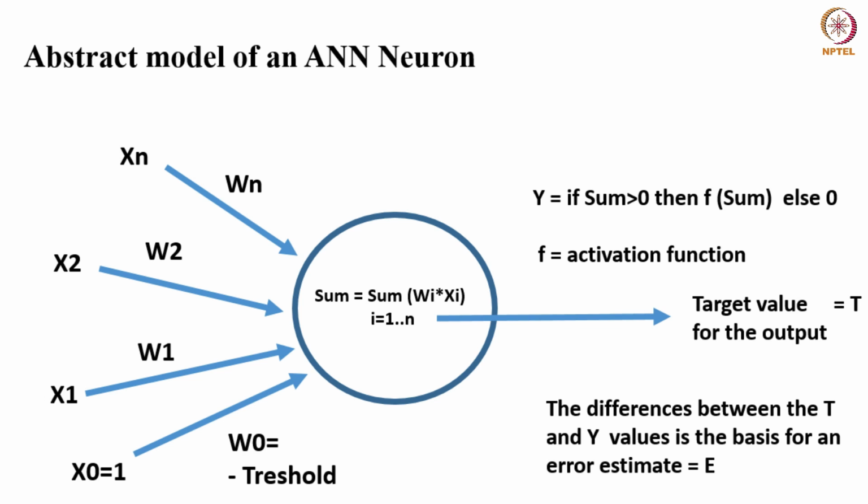And that results in an output, but we also normally, for supervised learning, have a target value for the output to compare with. So the difference between the target value and the output value is the basis for an error estimate that we call E. And as you see, the threshold of the neuron is handled as already described through an extra input to the neuron.